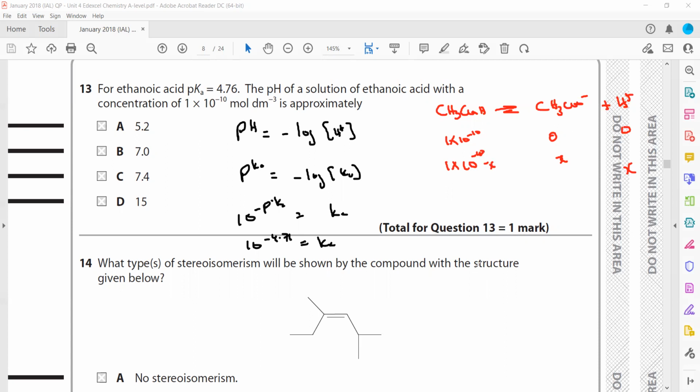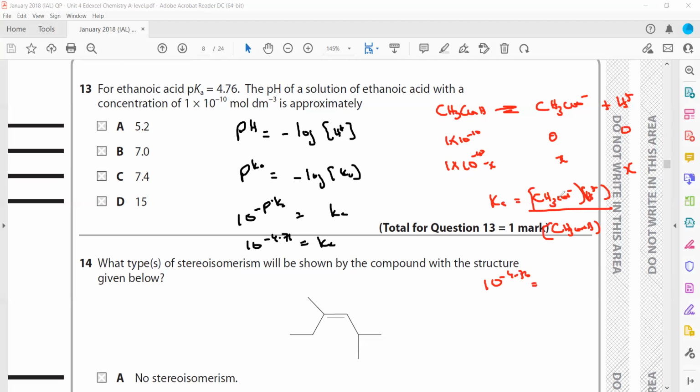So when we write K, K is product divided by reactant. So K is equal to the concentration of CH3COO minus times the concentration of hydrogen ion, divided by the concentration of acid CH3COOH. K is given as 10 to the power minus 4.76.